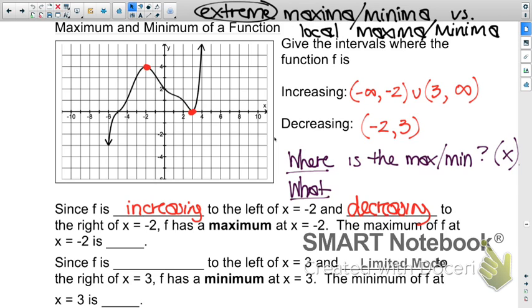What is the max or min value is asking for the y. Knowing that difference is rather important. So, for example, this one has a maximum at x equals negative 2. What is the maximum value is asking for the y value at negative 2, which in this case is 4.